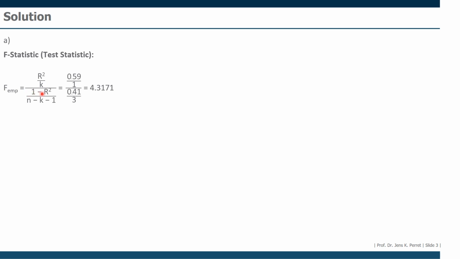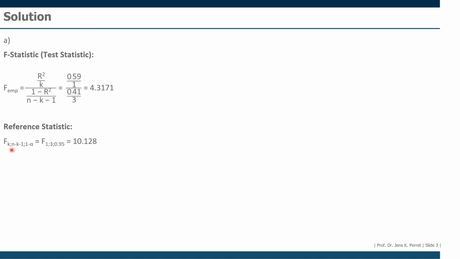Then we have 1 minus the r squared, and down here n minus k minus 1. N, that's the number of observations, so in the first part it's 5. So we have 5 minus 1 minus 1 gives us 3. So our test statistic in this regard is 4.3171.